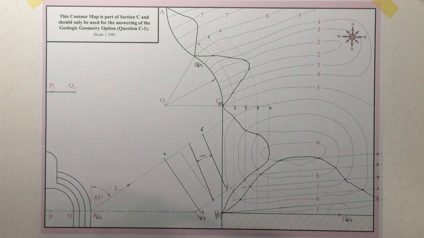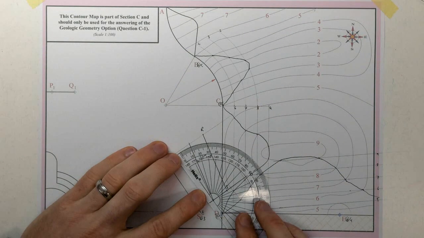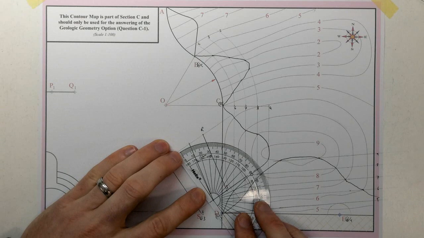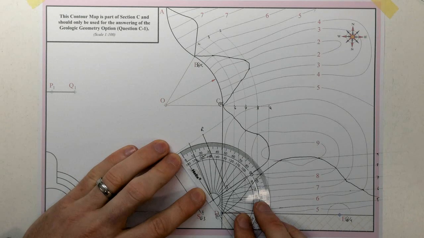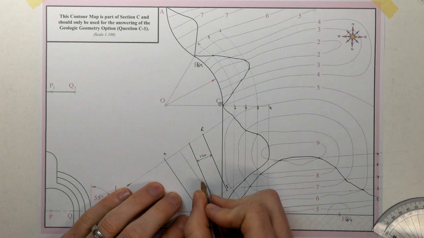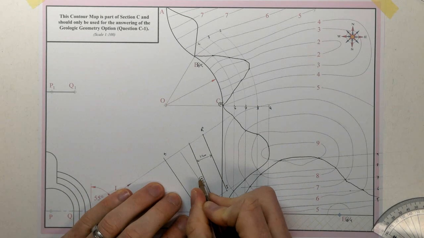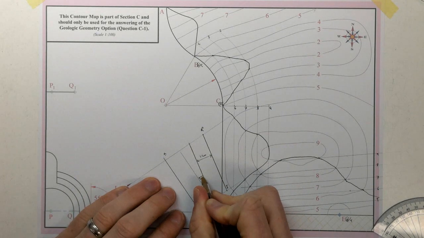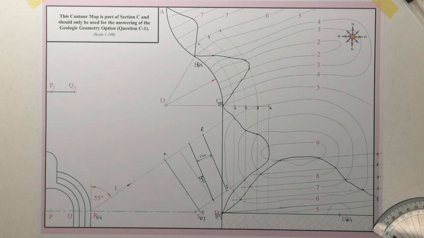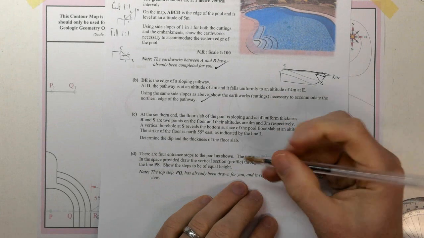I'll measure that angle in, and it's 17 degrees. My dip. Okay, so that is part C completed.